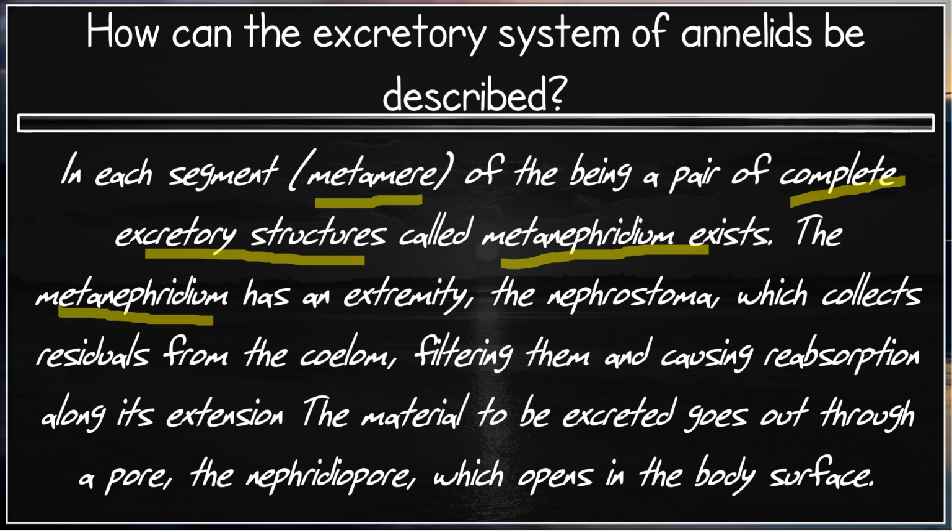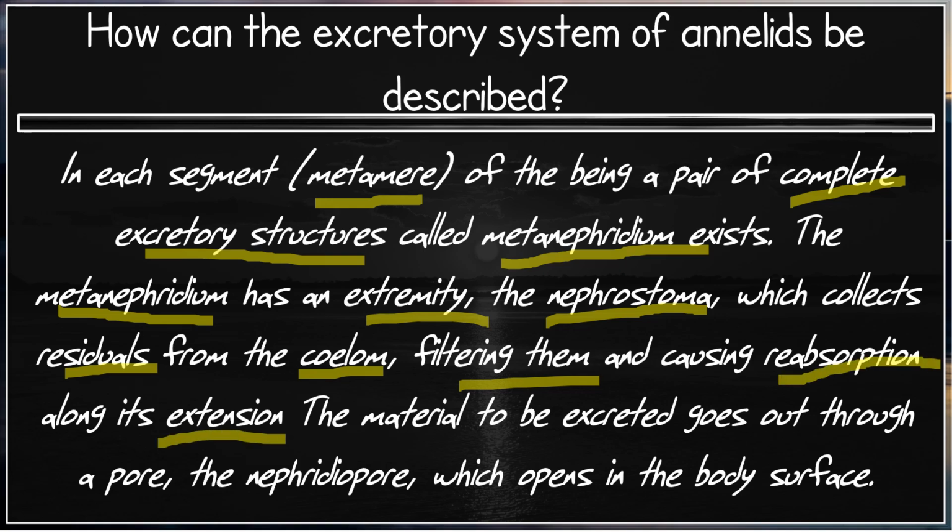The metanephridium has an extremity, the nephrostome, which collects residues from the coelom, filtering them and causing reabsorption along its extension. The material to be excreted goes out through a pore, the nephridiopore, which opens on the body surface.